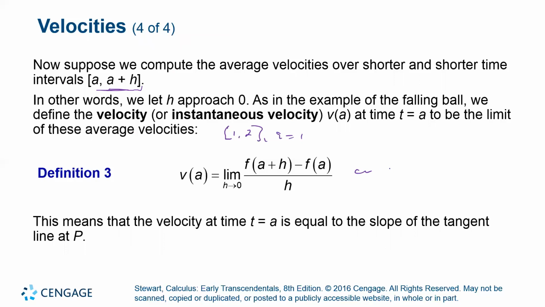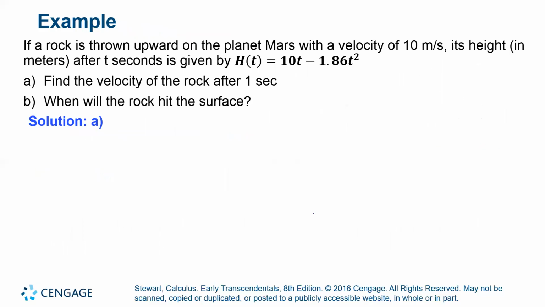Or we could have defined this as the limit, in this case maybe with t going toward a, of f of t minus f of a over t minus a. But we want to stick to just the second definition. All right, so here is an example.